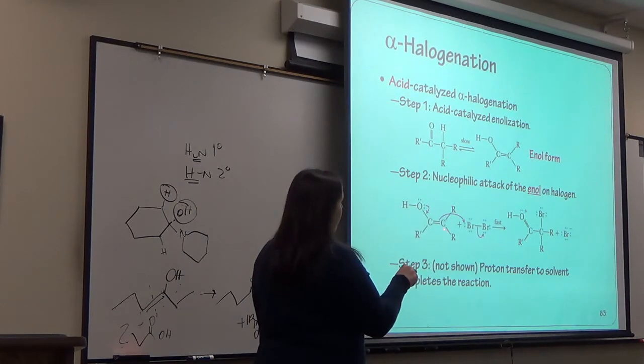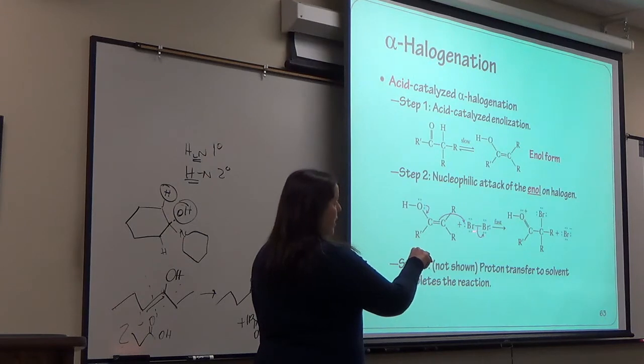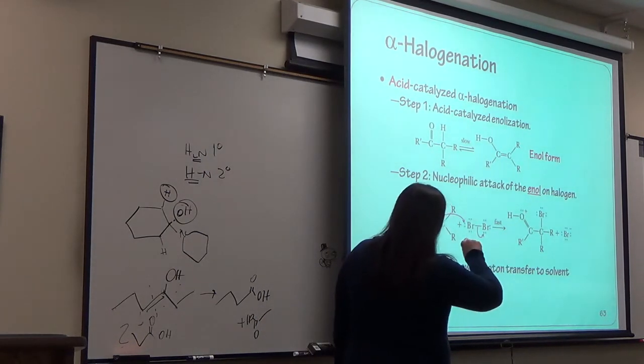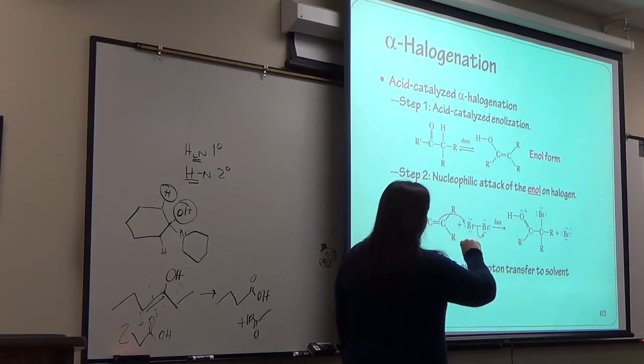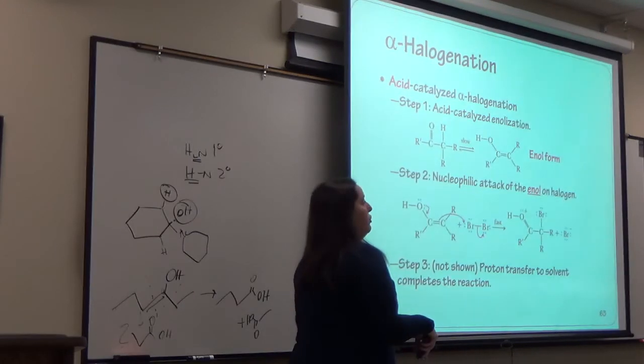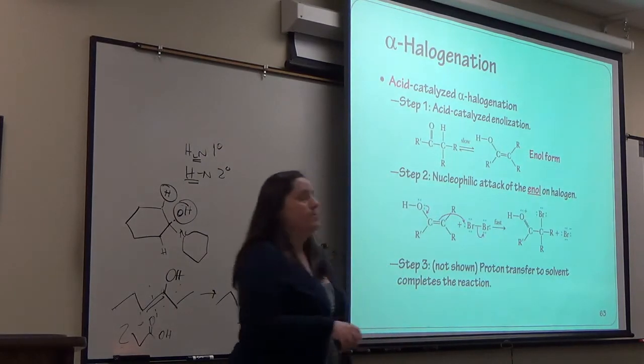Then in this step, the double bond attacks the bromine, at the expense of forming the double bond between the oxygen and the carbon. You form that, but that's an ion, so you have to have the proton transfer to finish out this process.